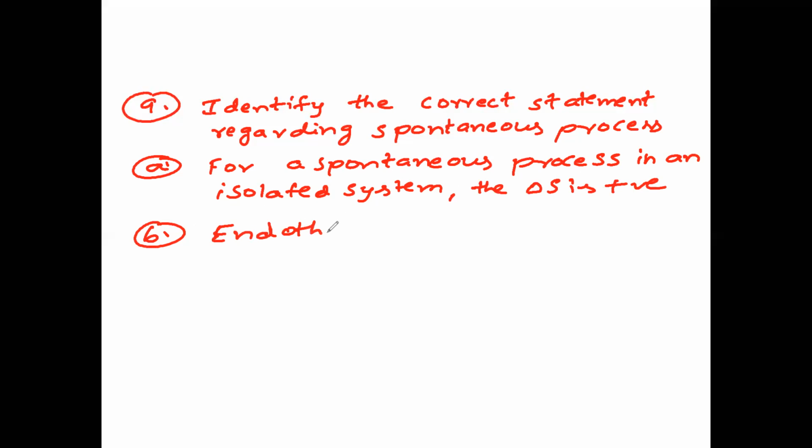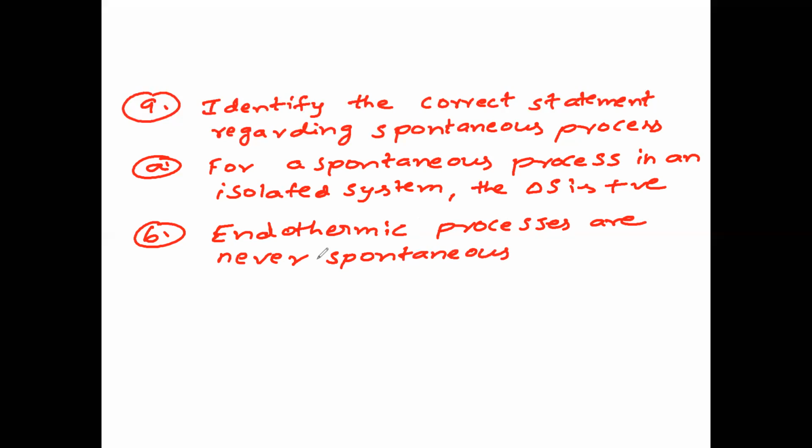Endothermic means endothermic reactions where heat is absorbed. Endothermic processes are never spontaneous. This is also a wrong statement because it can be spontaneous provided the value of delta S, that is change in entropy.